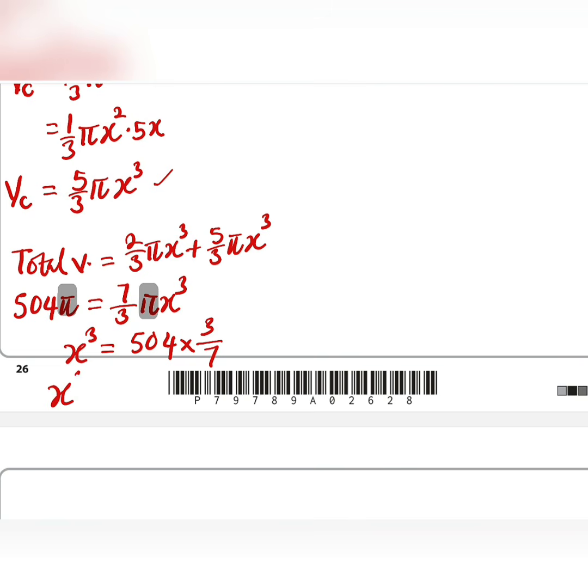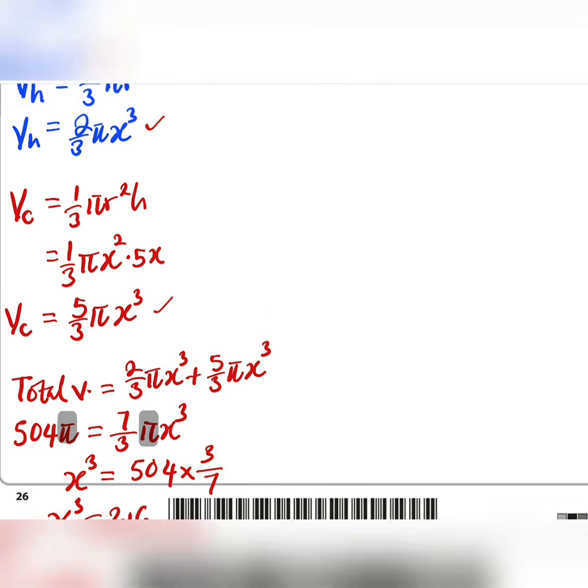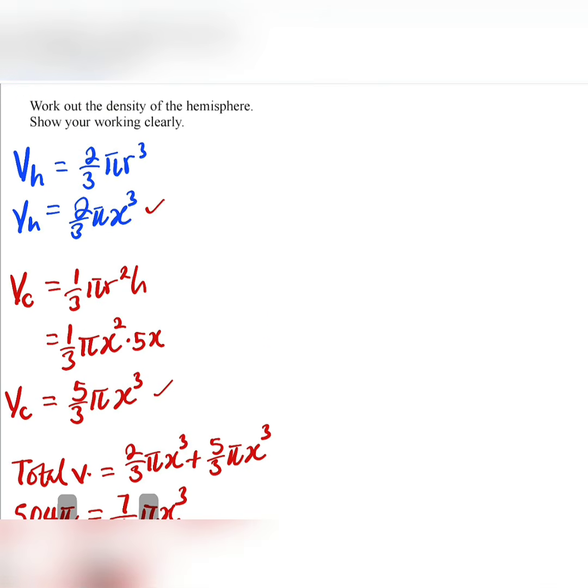Therefore, x cubed is equal to 216. So we need to find x by taking the cube root of both sides. x is equal to the cube root of 216, which is 6. The unit is centimeters. So now that we have x, we are free to substitute it back to get the volume of what? The hemisphere. And the volume of what? The cone.